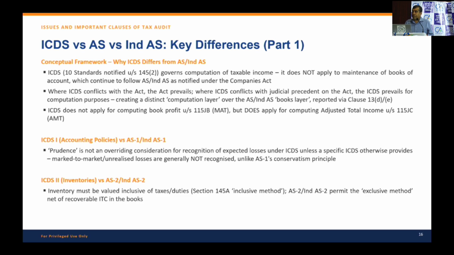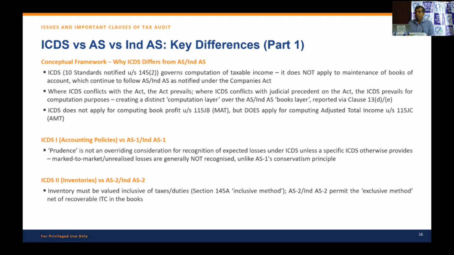What does that mean? As an auditor, we have a reporting responsibility under ICDS 1 if any such mark to market or any such provisioning has been done. So those items will have reporting under ICDS 1.